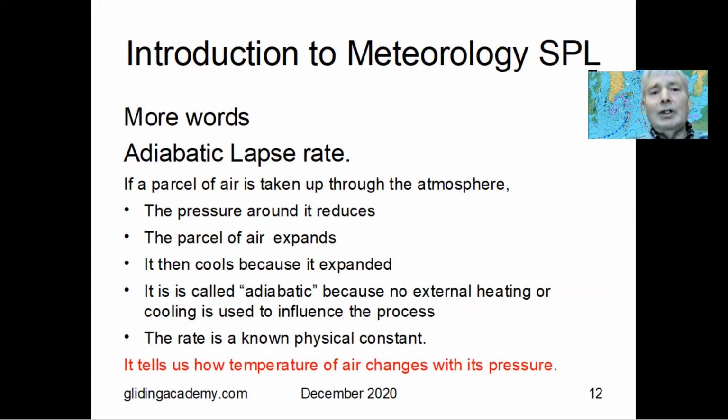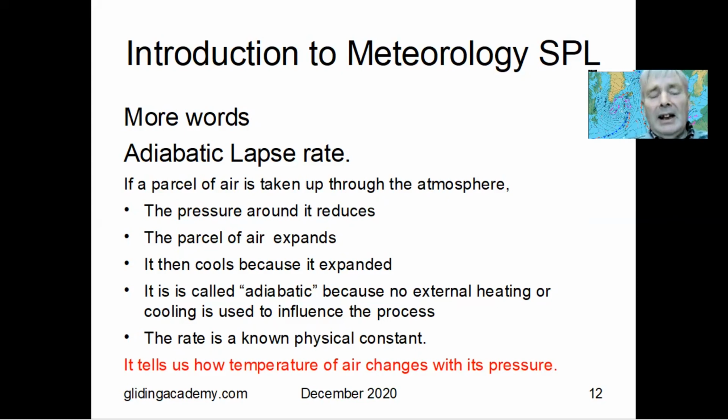Because it expands, it cools, and this is called adiabatic because we haven't added or taken any heat out by any means other than expansion or compression, in this case expansion, so no external heating. This rate is a known physical constant, and it's either the dry adiabatic lapse rate or the saturated adiabatic lapse rate.